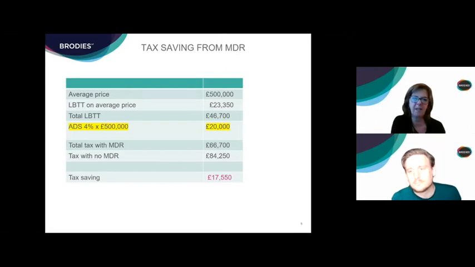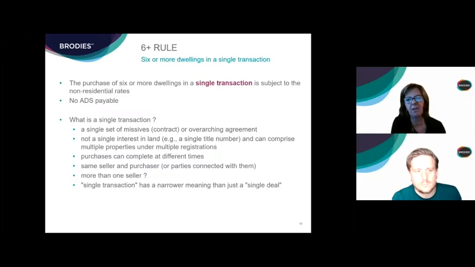So MDR can give a significant saving, and that's why in many cases people try to argue that an annex is a separate dwelling in its own right, so as to give rise to the MDR claim.